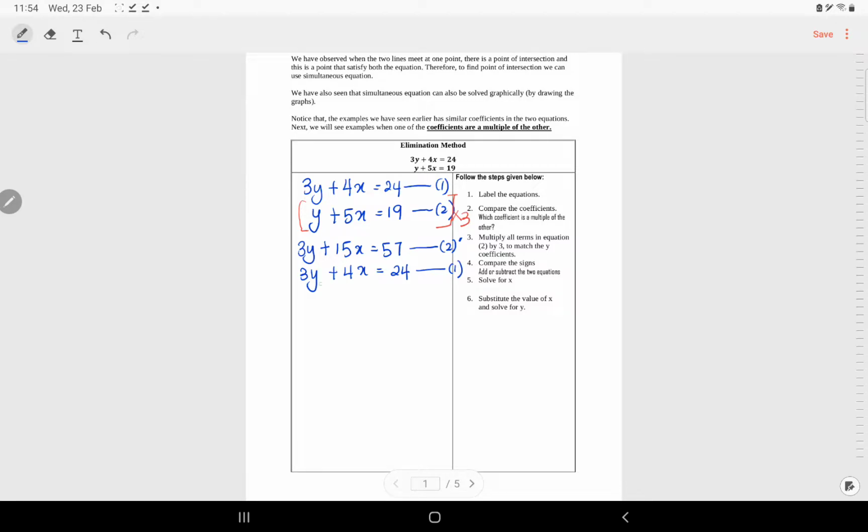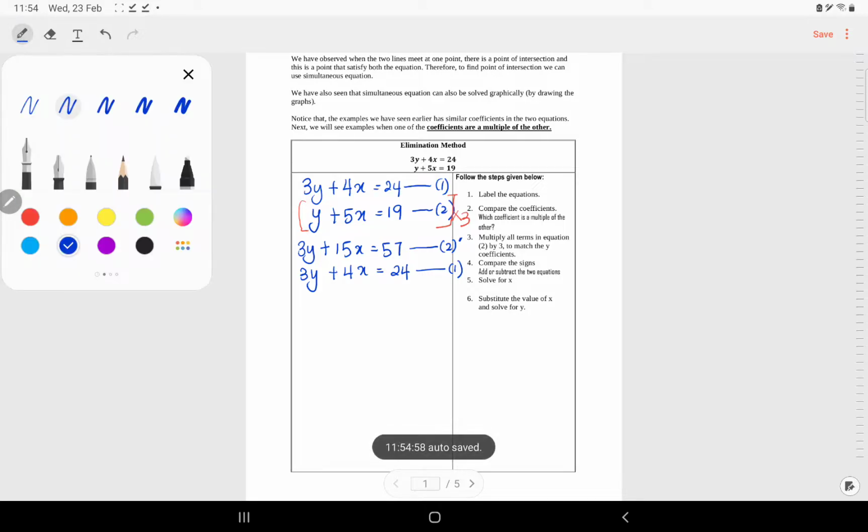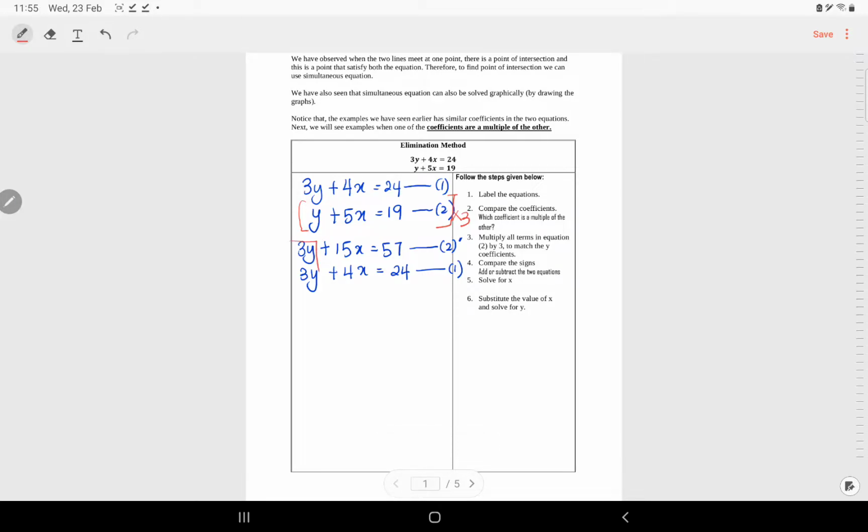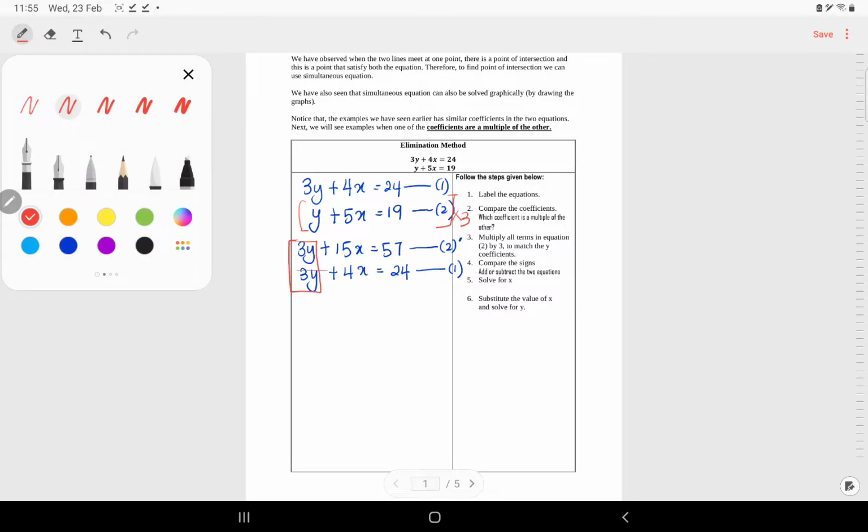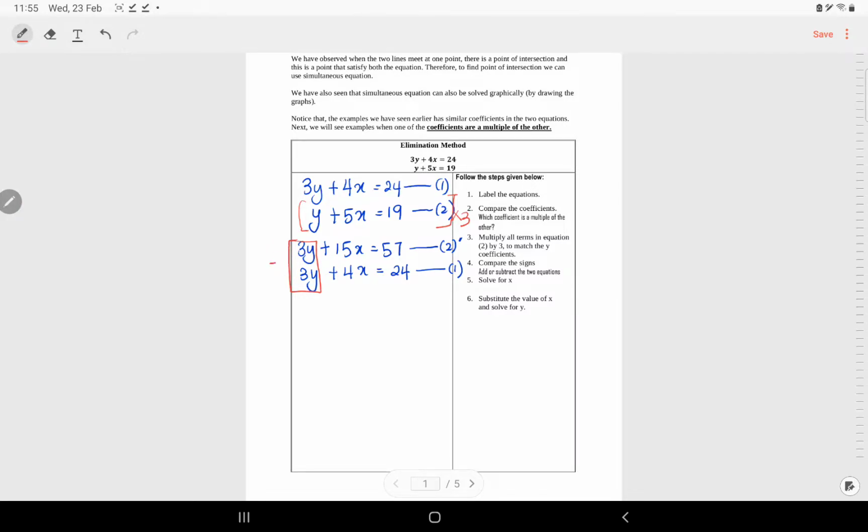Now what do we do to the two equations? Our similar terms are now 3y. If you compare the signs, this is positive and positive. So how do we eliminate 3y? We subtract.